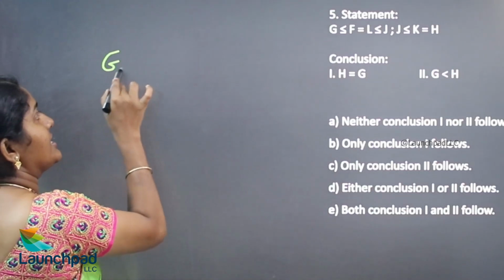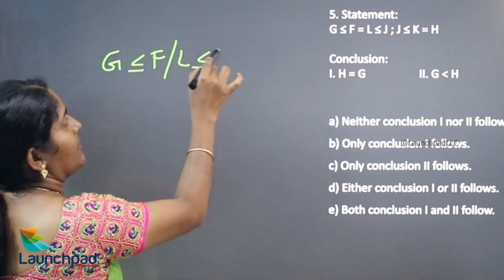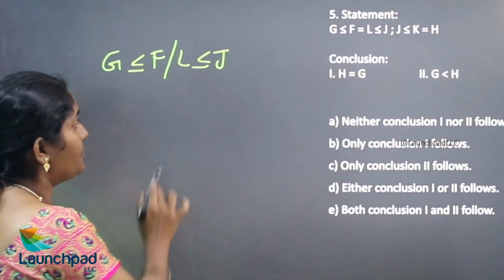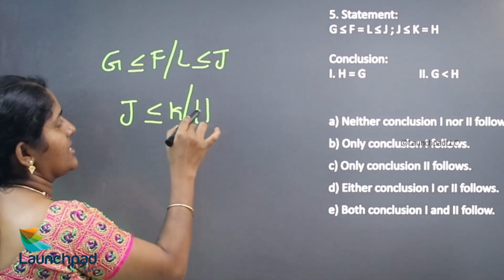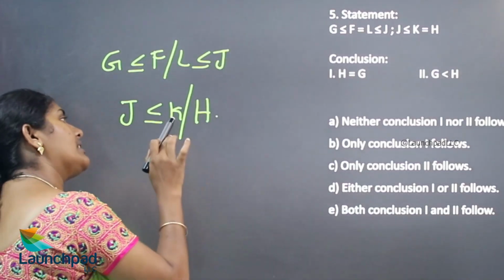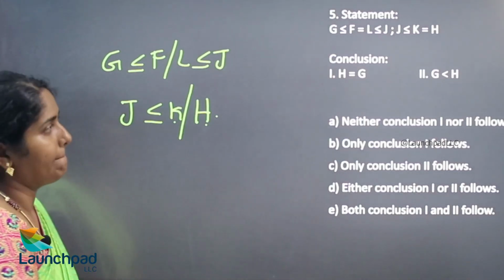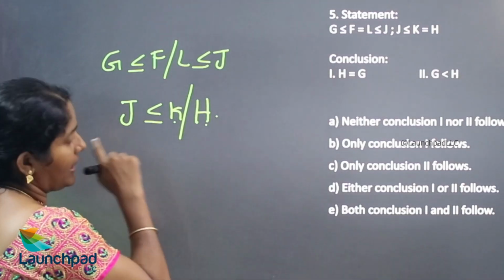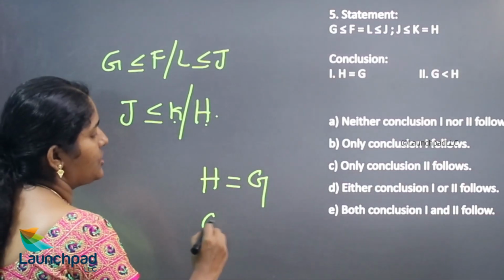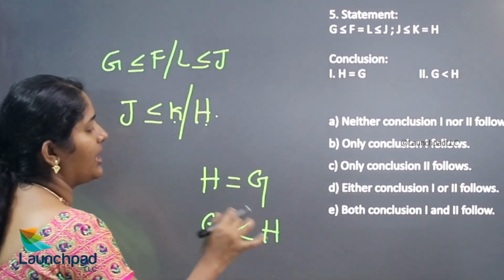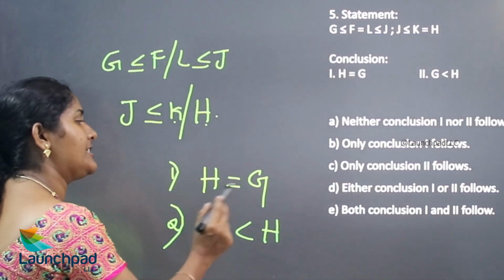Here, G less than or equal to F, L less than or equal to J. Now J less than or equal to K, we can use H. Either I can use the variable H or the variable K. Now the conclusions: H is equivalent to G, and G is less than H. What is the relationship between H and G?